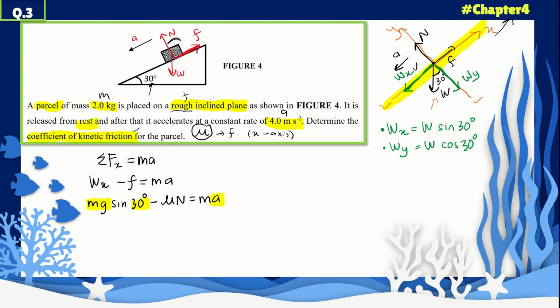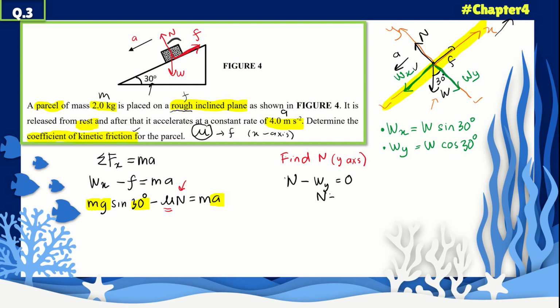So now our problem is we need to find n to get mu. To find n, we need to use y-axis. If you refer to this diagram, in y-axis we have n minus Wy is equal to 0.